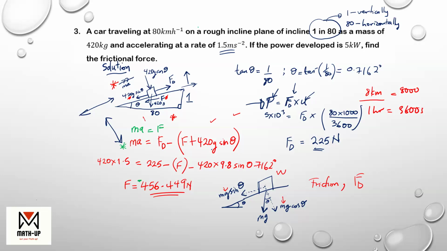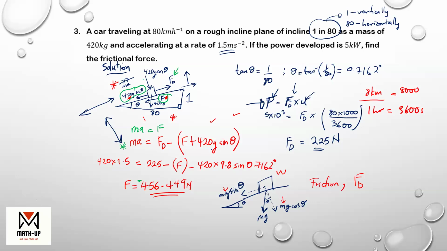So we got that FD is pointing upwards, and then the component of the weight is pointing downwards. The friction is pointing downwards. And the only thing pointing upwards is FD. We know from our definition of resultant force that we cater for the directions and the magnitude of the forces. So the total of all those forces, including the directions, has to be equal to the resultant force.